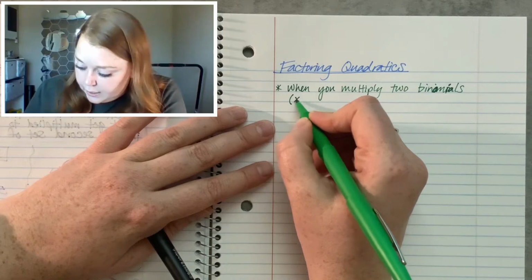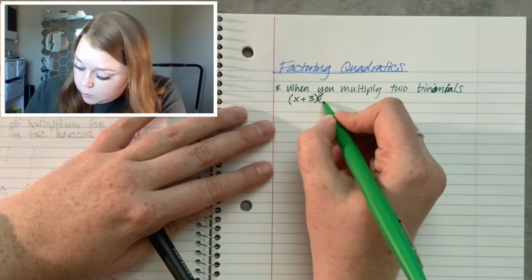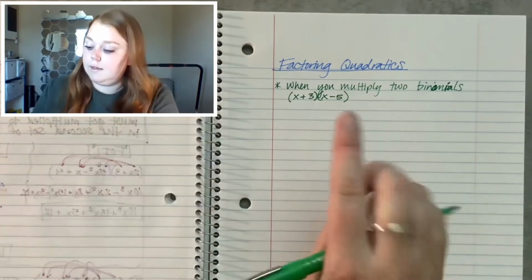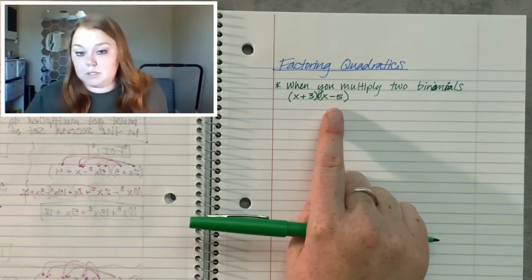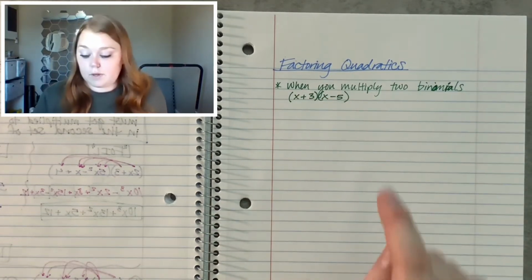Like if we had x plus 3 multiplied by x minus 5, okay? That's two binomials being multiplied. Binomial because there's two terms multiplying by two terms, okay?